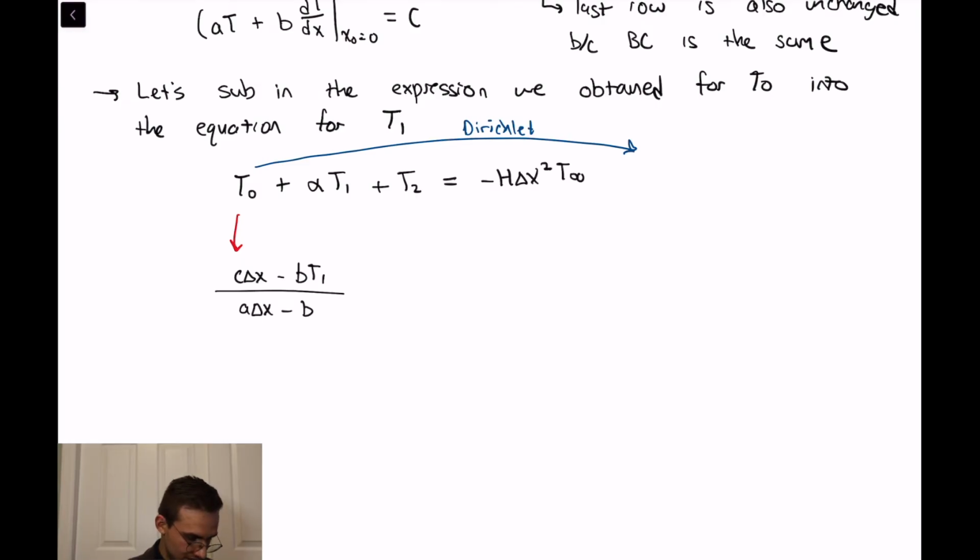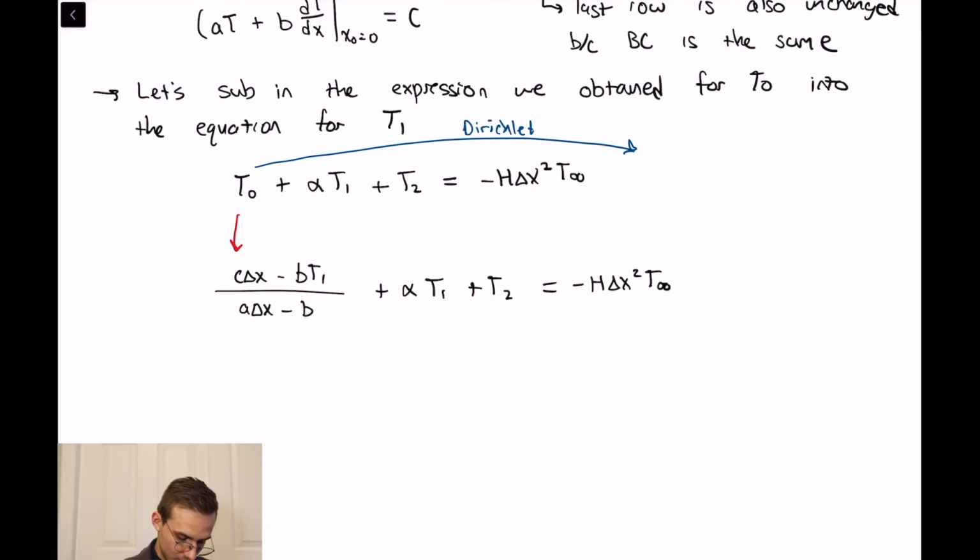And then the rest of the equation, of course, is unchanged. So you get alpha T1 plus T2 is equal to minus h delta x squared T infinity. We're going to wrap up these two pieces of this formula into two different constants.